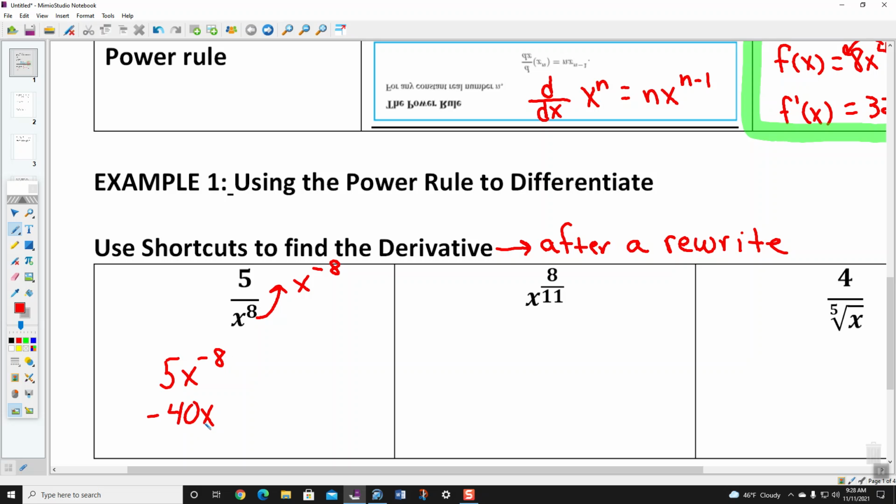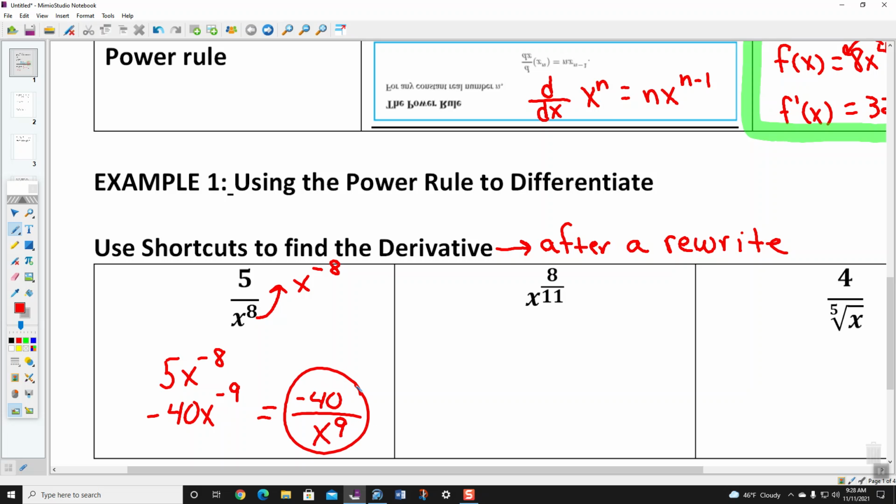Negative 9. Now guys, you're going to want to make sure you get stuff back in the proper context, or what they would consider simplest form. You're not really going to want to work with negative exponents. So in the end, this would equal negative 40 over what? x to the 9. There's your derivative for that.